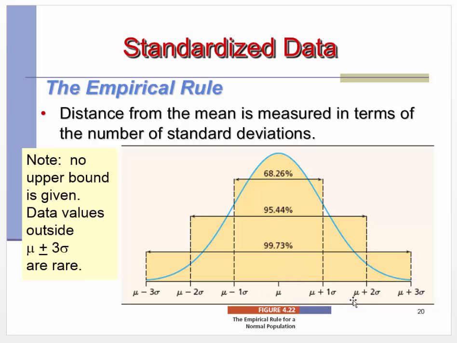If you go from minus 2 standard deviations up the curve and down to plus 2 standard deviations, there should be 95% of the observations, 95% of the area. With 3 standard deviations, 3 sigma, you should have 99.73%. Now this is very useful.